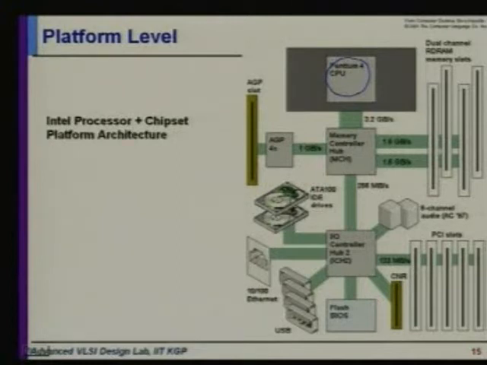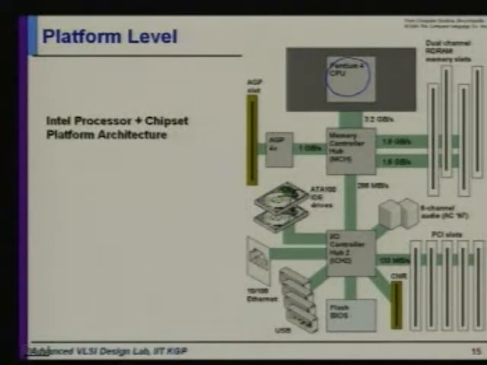Okay, and then from this you actually have a connection to the low performance communication medium, where you have these other devices. What are these other devices? These are the PCI slots, these are the USB devices which you can connect.